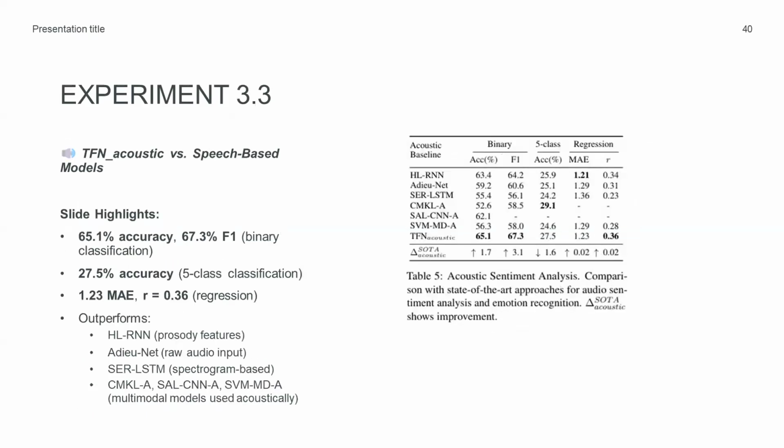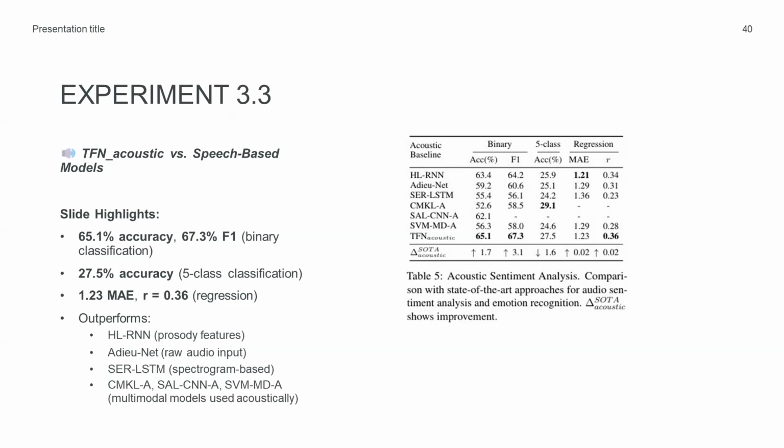In experiment 3.3, we evaluate the performance of TFN acoustic with acoustic models. So here are the highlights of this experiment. TFN acoustic achieves an accuracy of 65.1%, along with an F1 score of 67.3% in binary classification, 27.5% accuracy in 5+ classification, and 1.23 MAE and r equal to 0.36 for regression.